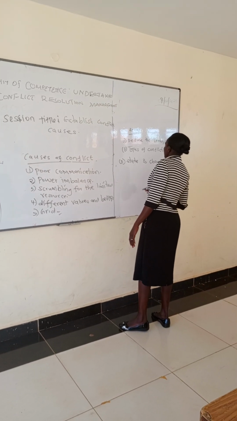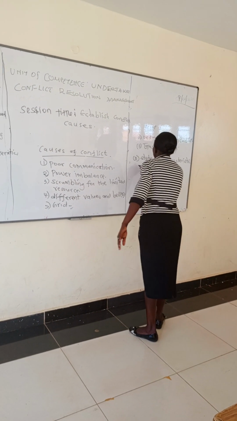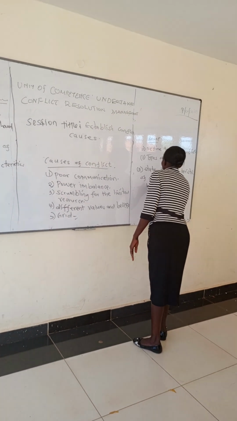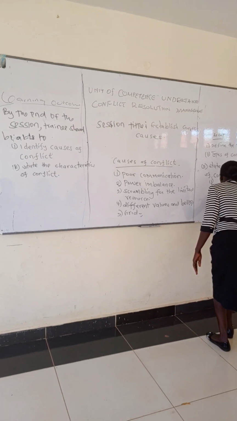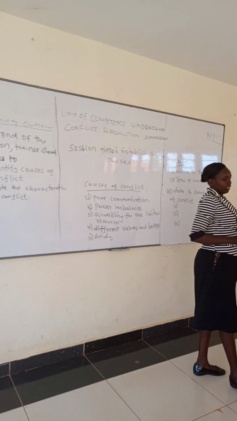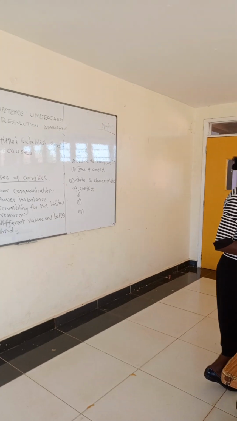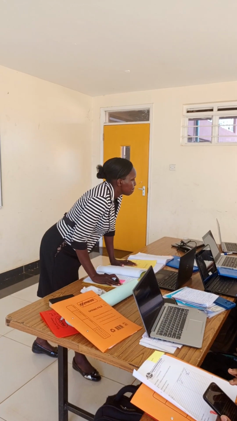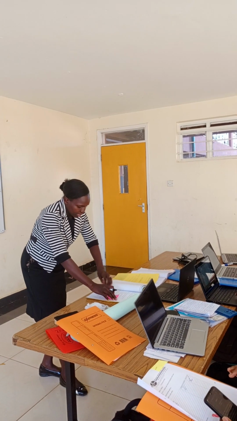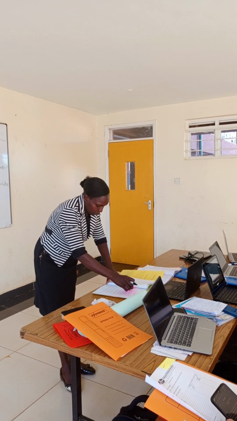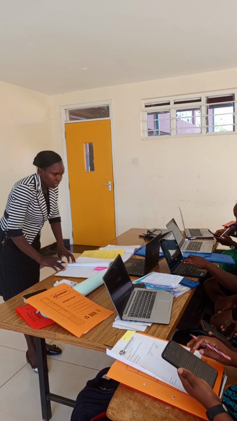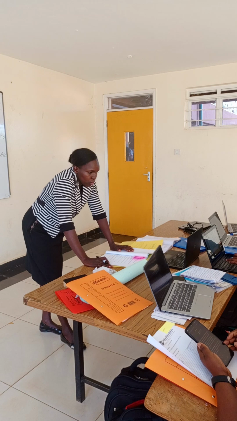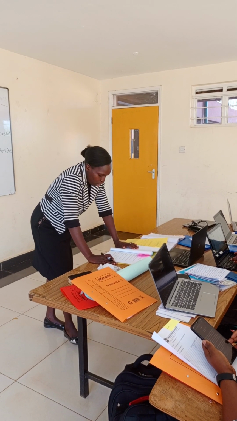Very quickly, just in your groups, wherever, look at it through your phones, the characteristics of conflict. Who has gotten one?